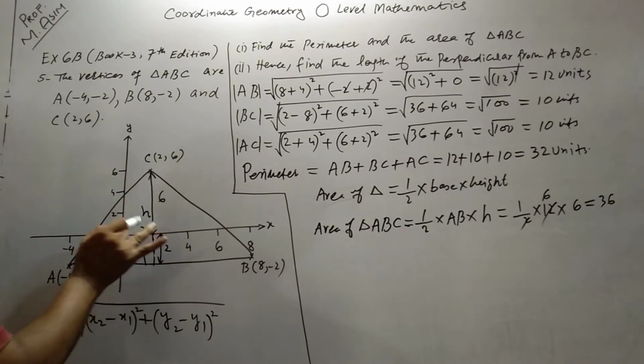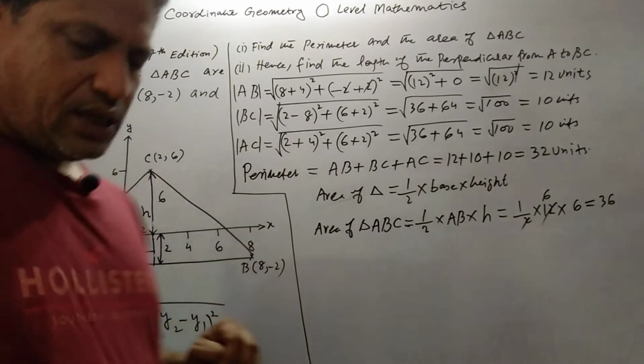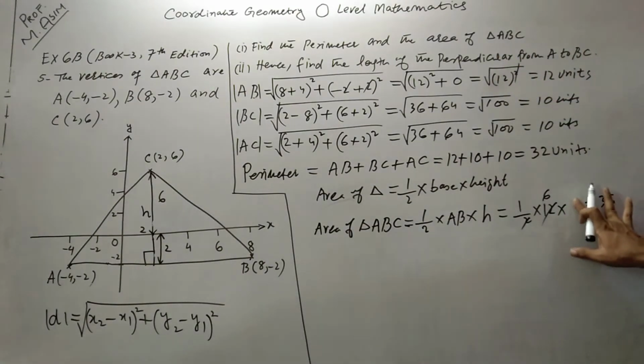Hence the total value is 2 plus 6. Height is 2 plus 6. Height is 8. So 6 8s are 48 square unit. I hope you understand this part.